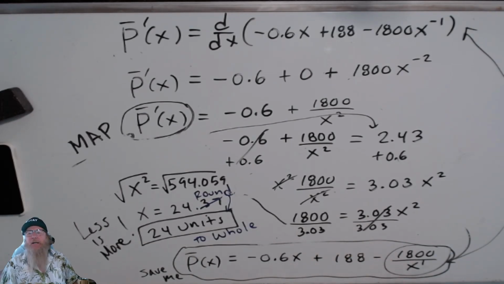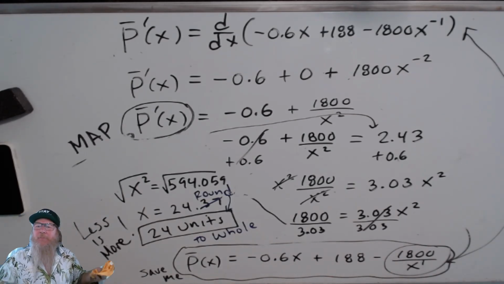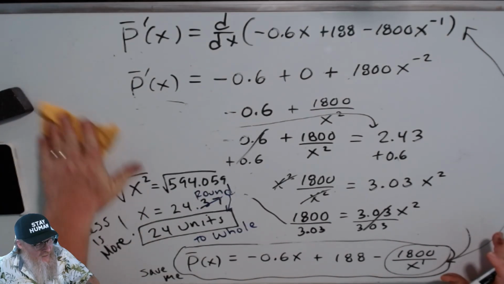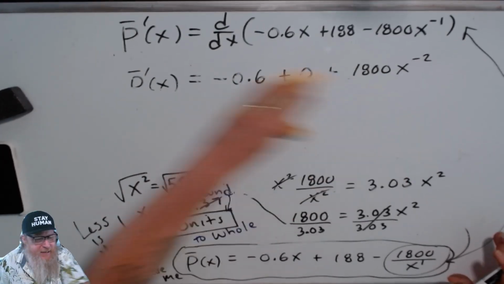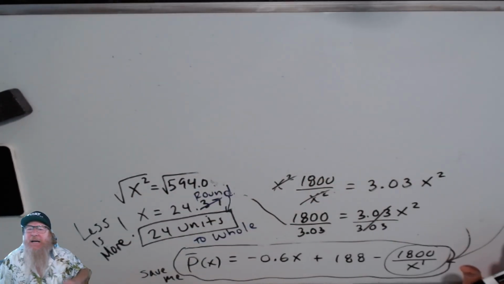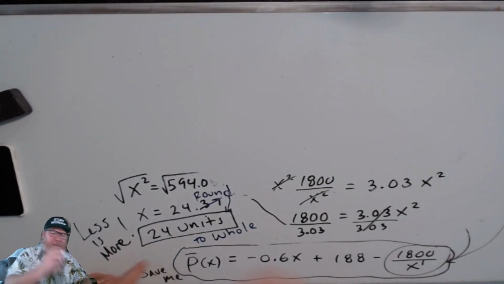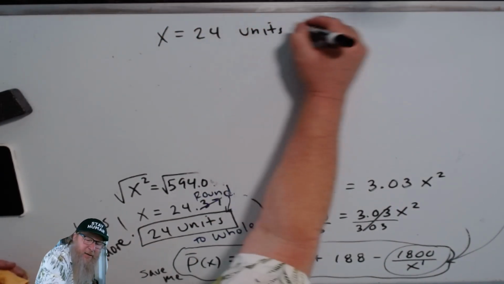But maybe that's good. I could diversify. Maybe have some other products that are cheaper and easier to make, that'll get them into the door. And then you only have to sell 24 of your big ticket items. So x is 24 units per week.